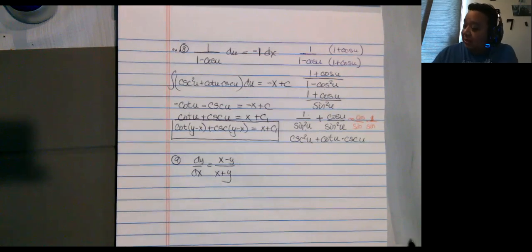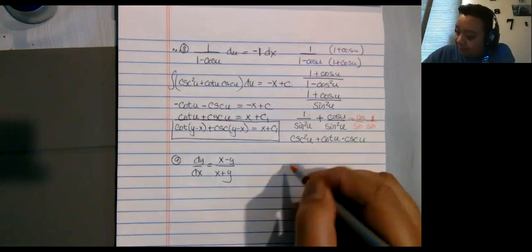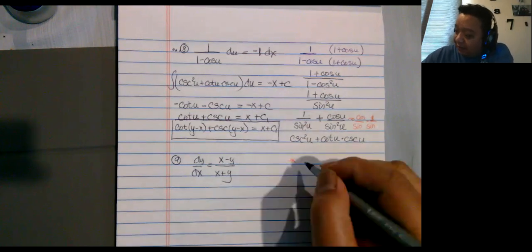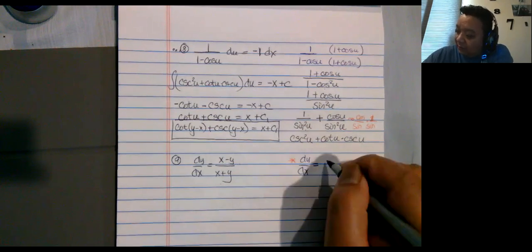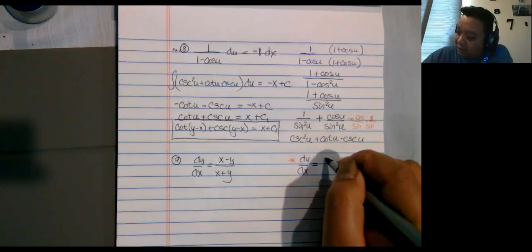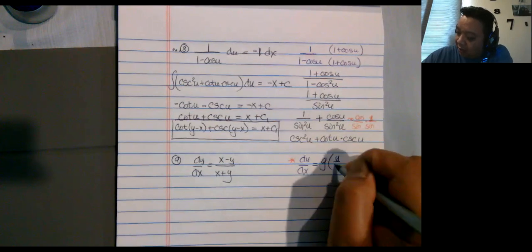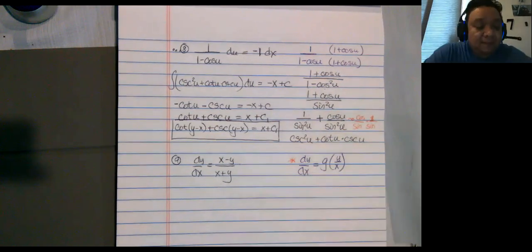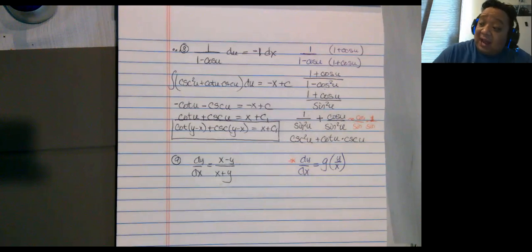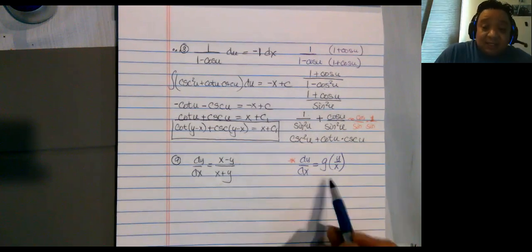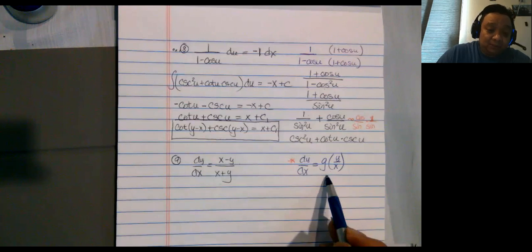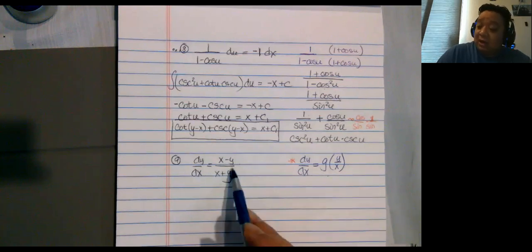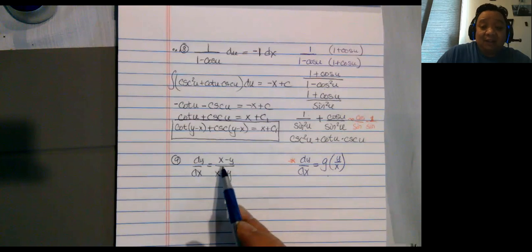This can only be done if I have dy dx equal to, on the other side, a function of y over x. So if I can write this side so that every variable is y over x, then I can complete the substitution. On this one, I can do that by dividing everything by x.